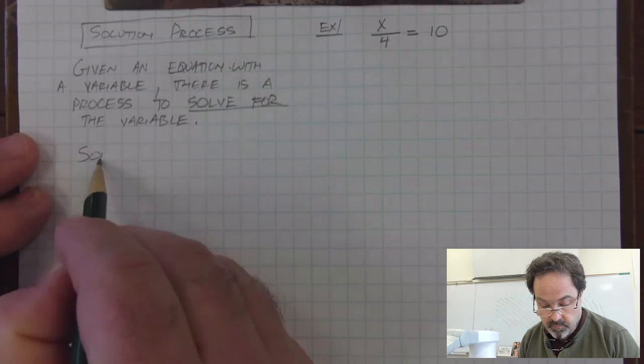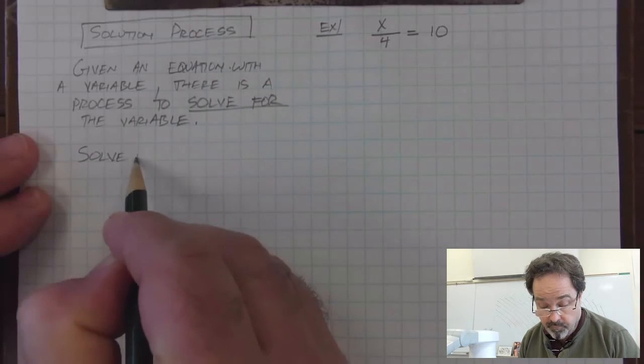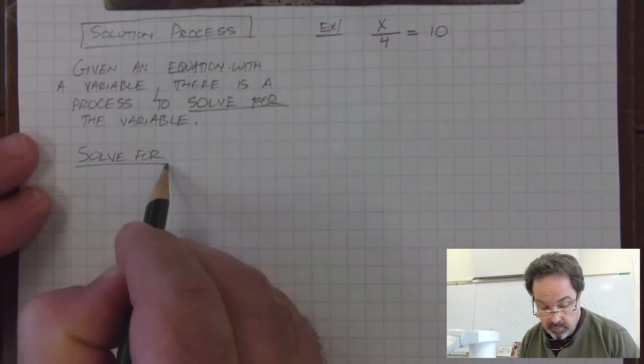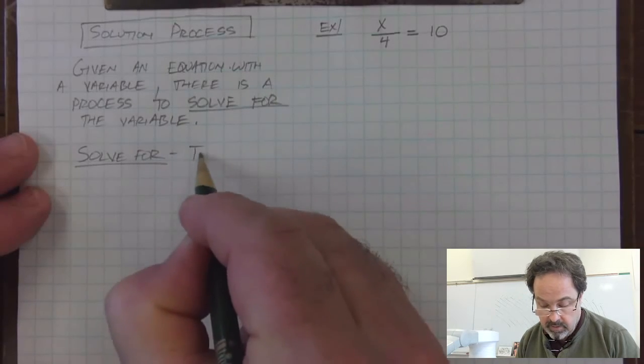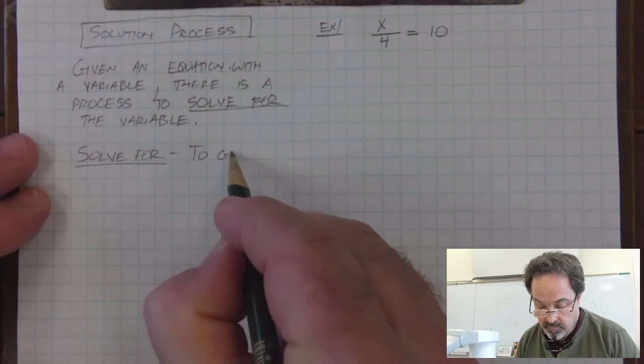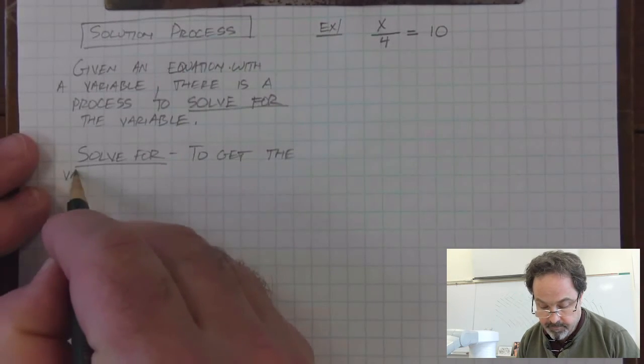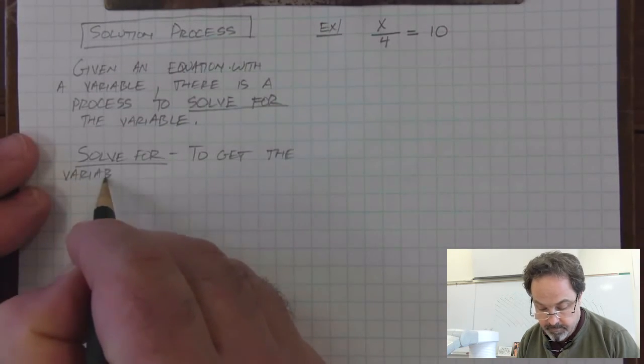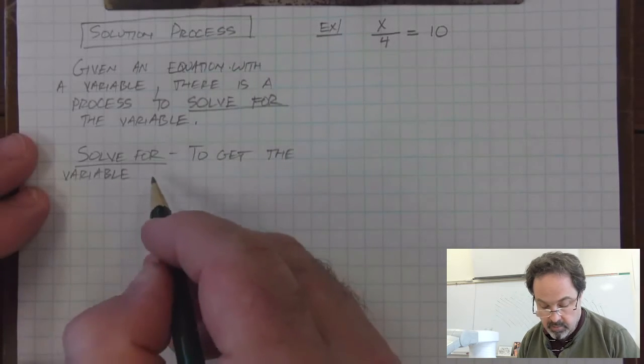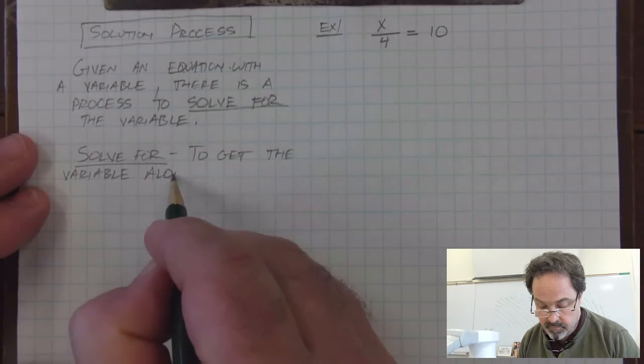What it means to solve for a variable is to get the variable alone and positive.